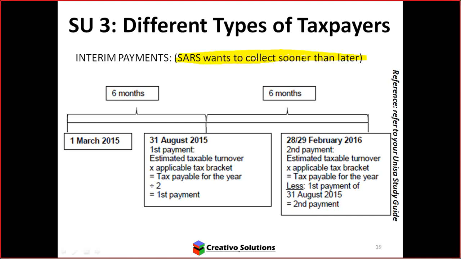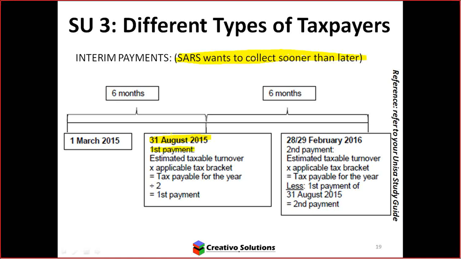In terms of the system, they work on a 6-month by 6-month system. So every 6 months, you have to make a payment. The first payment is called the first provisional tax payment, and it is due on the 31st of August. How is it calculated?